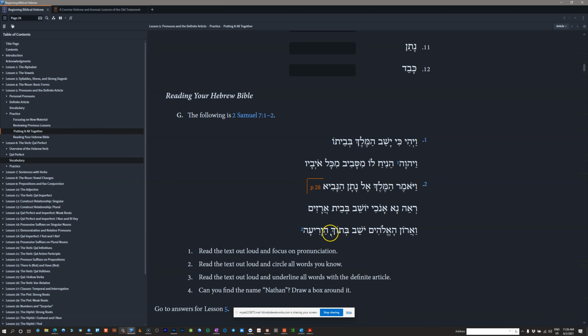All right, so this is the definite article added to a Yod Shavah, Resh, Hirik Yod, Ayin, and then a Kametz Hey. So what I'm definitely going to start looking for in my lexicon is Yod Resh. Hirik Yod may pop up inside of certain words, but since this is a noun, that's probably part of the lexical form as well. So I want Yod, Resh, Yod, Ayin. And it may have a Hey on the end as well.